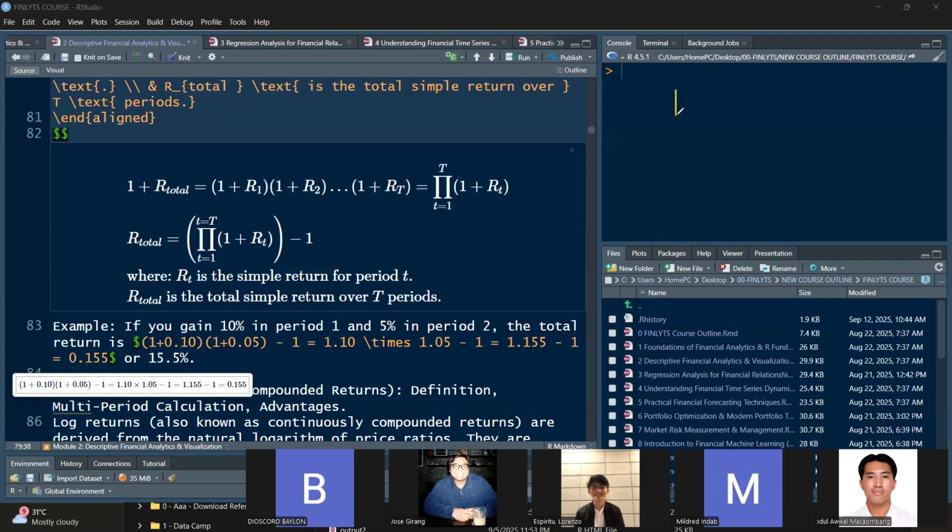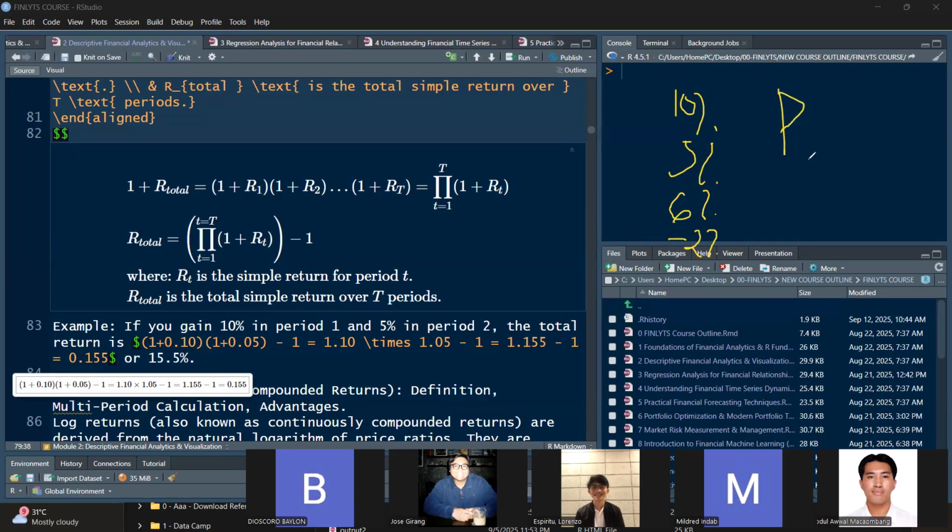Period 1, 10%. Period 2, the return was 5%. Maybe we can add another period. Period 3 was 6%. Period 4 was, let's say, it lost 2%. So the question is, what is the total return?